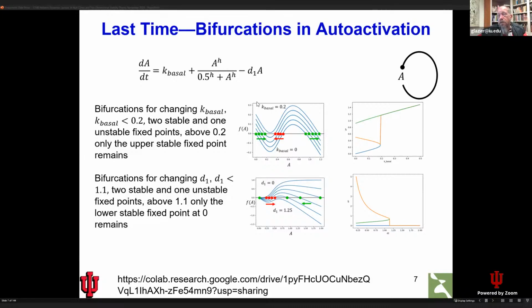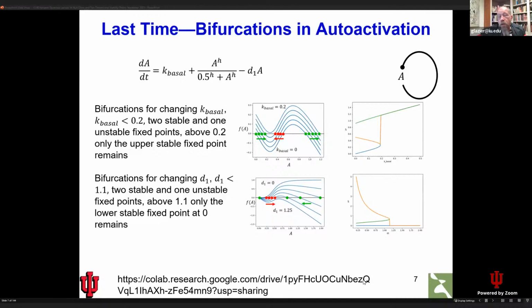And what we saw then here on the right, we've plotted the fixed points as a function of the value of K Basel and of D1. And we've used the trick of running time backwards to determine the values of the unstable fixed points, because a fixed point that's unstable in forward time is stable in backwards time. And you have a little code exercise that will do that for you now.